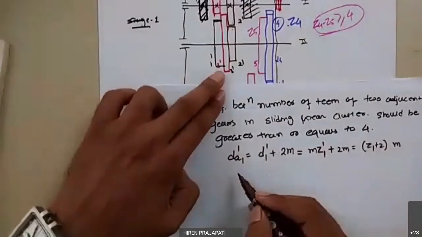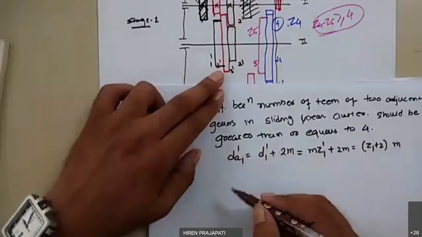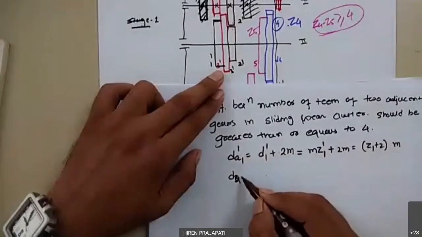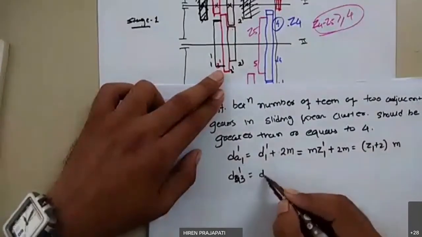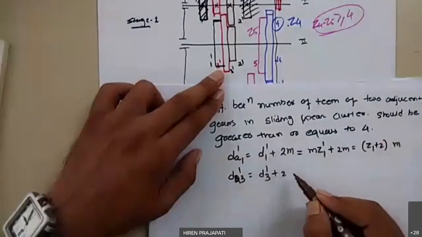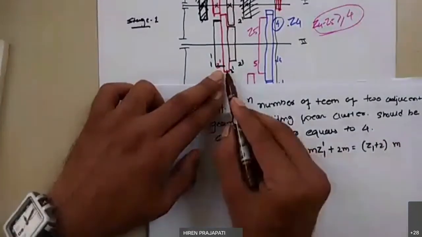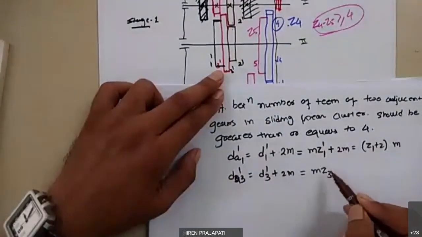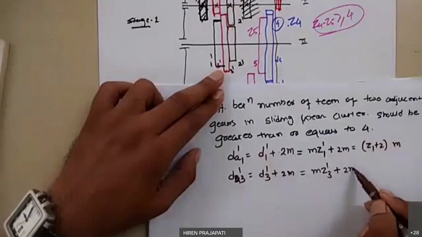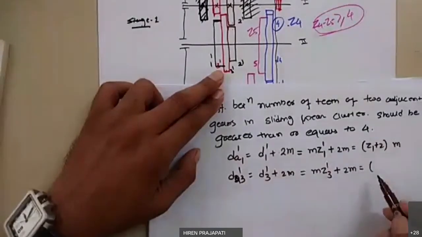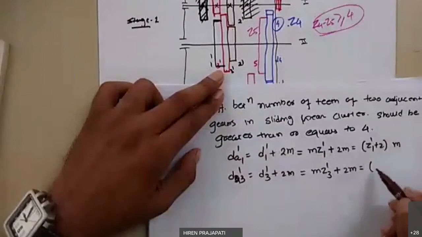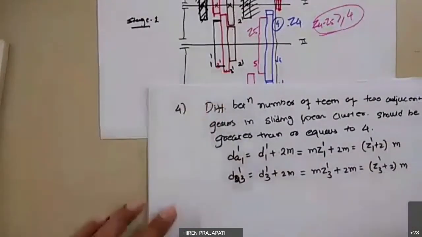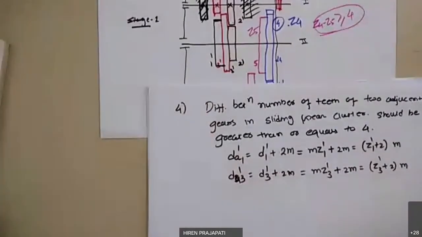Similarly, if I write for DA3 dash, then D3 dash plus 2 times module, I'm talking about this right gear, is equal to mZ3 dash plus 2m. Sorry, here Z dash, so here Z3 dash plus 2m, right?